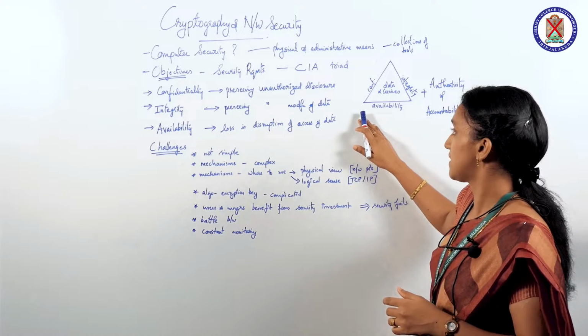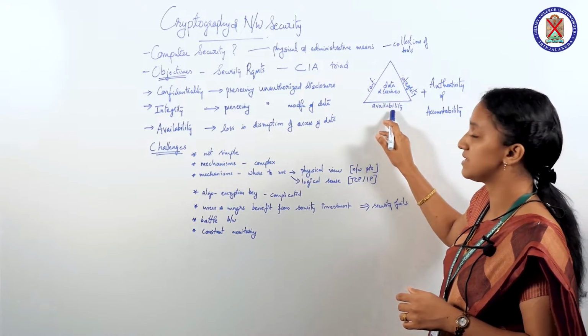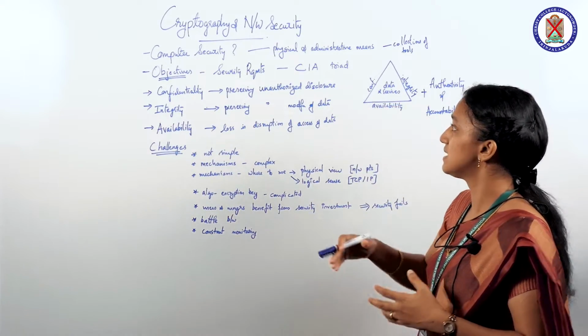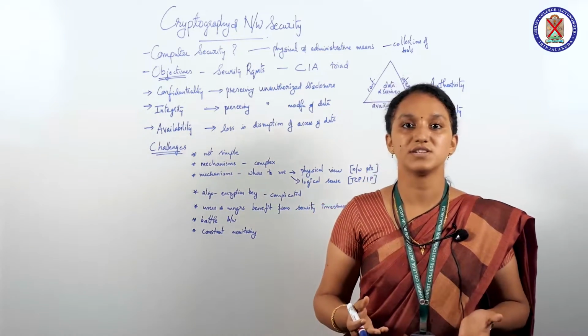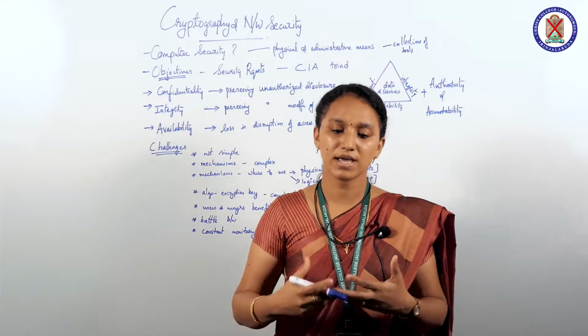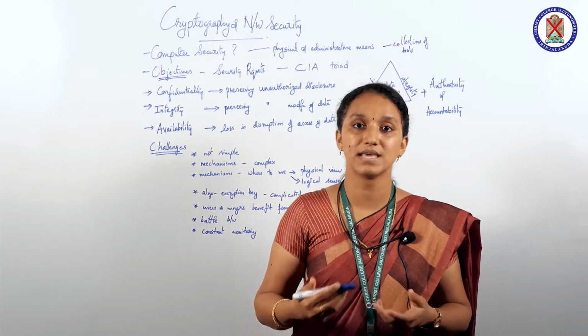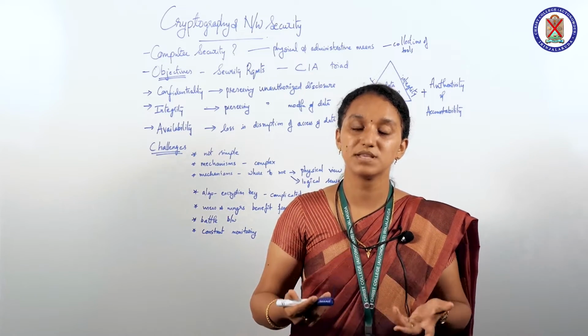So here we have represented a triangle with the three sides: confidentiality, integrity, and availability, and so many data and services in between. So let's see what is CIA. Confidentiality. My higher official has sent me an email saying that this data is highly confidential. What does it mean? It means nothing else.